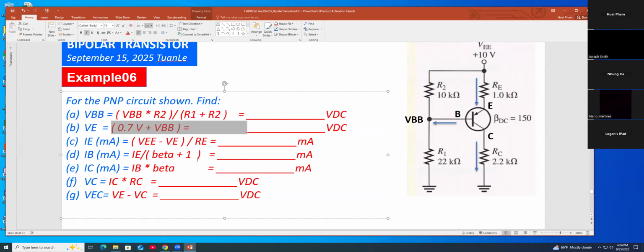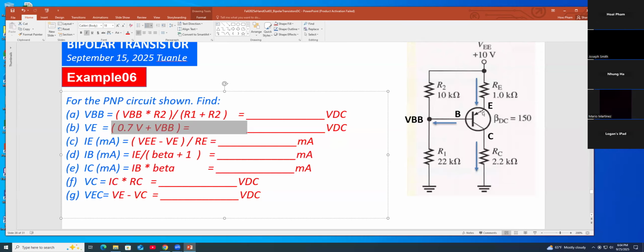Okay? Then they want to calculate the IE. You get the emitter here.